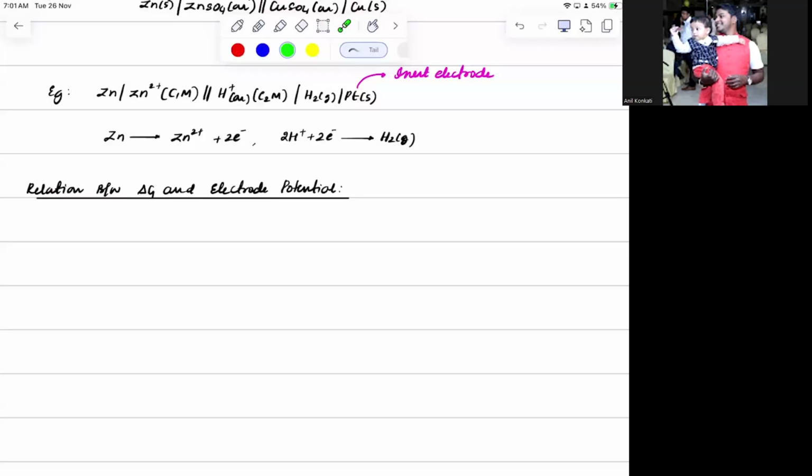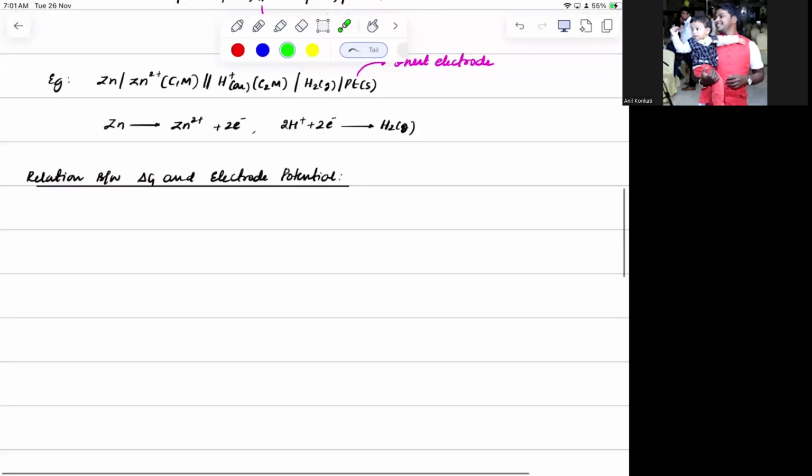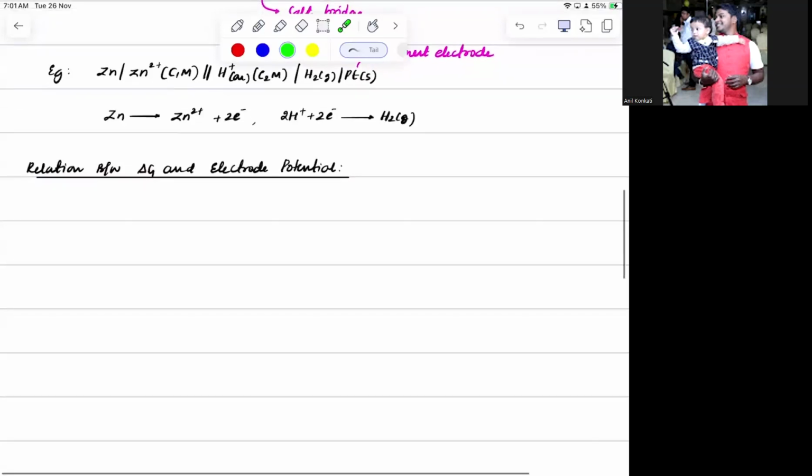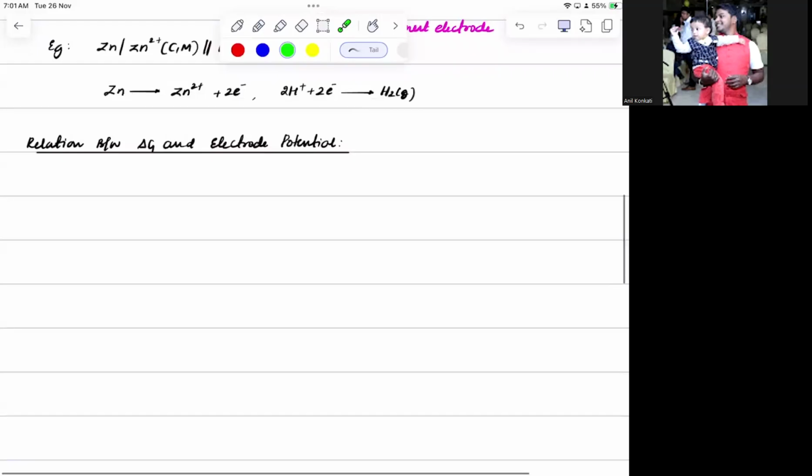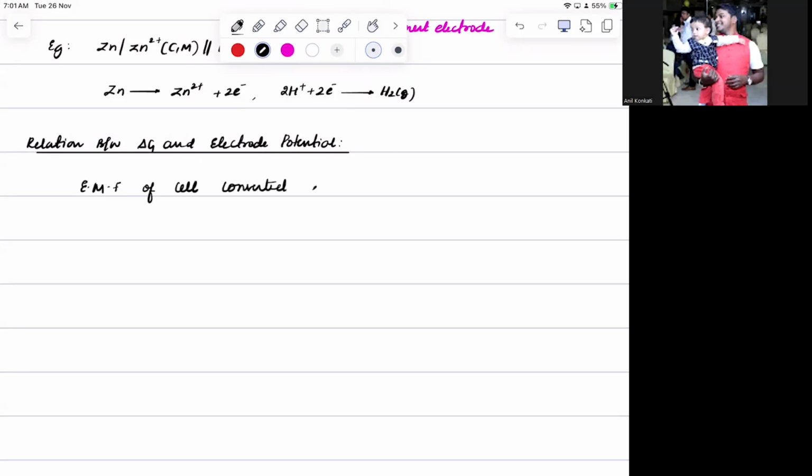Electromotive force, as in how much voltage difference it can maintain with the solution. And here we are converting a particular energy form into another. So we say that the EMF of the cell is converted into useful electrical work.